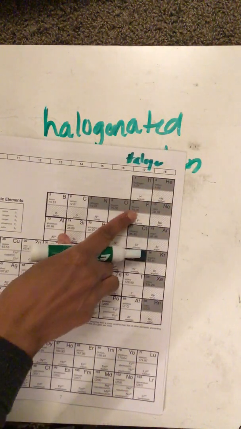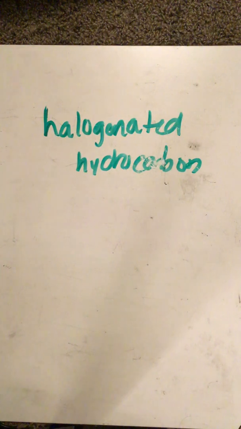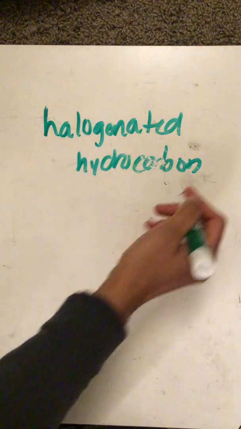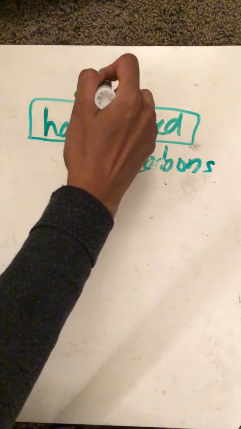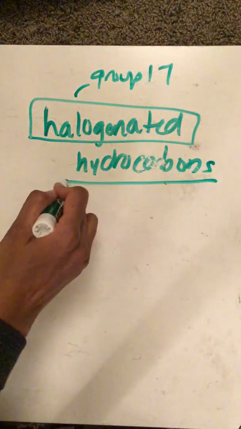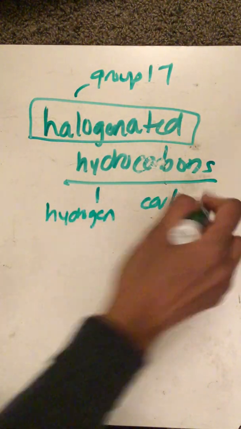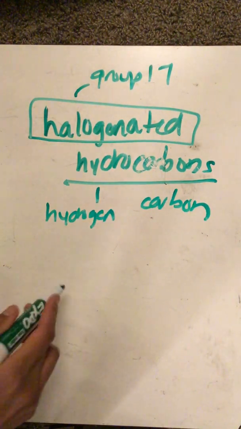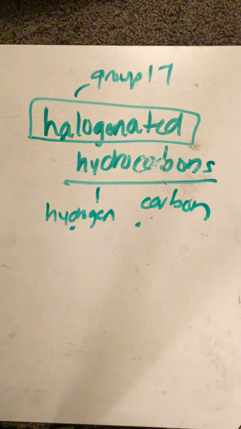The halogens are fluorine, chlorine, bromine, iodine, and astatine. Those are your halogenated hydrocarbons. Now you got to name them. Note that they have halogens, which is group 17, but they're also hydrocarbons, meaning they contain hydrogen and carbon. So you know it's a halogenated hydrocarbon because they have hydrogen, carbon, and they have halogens.